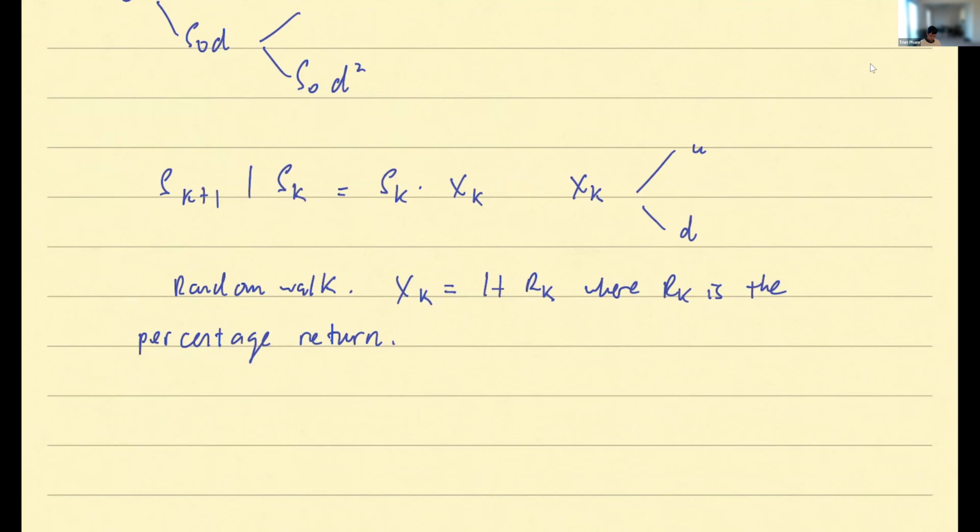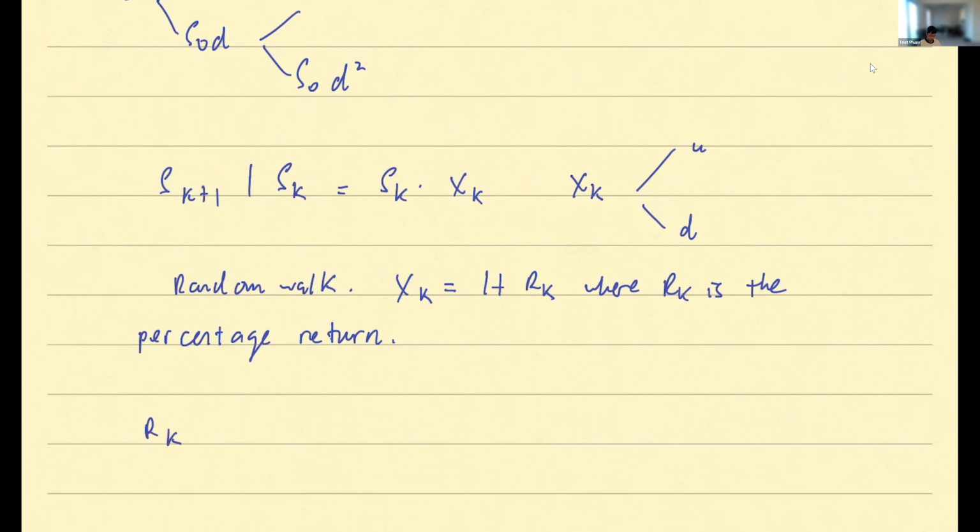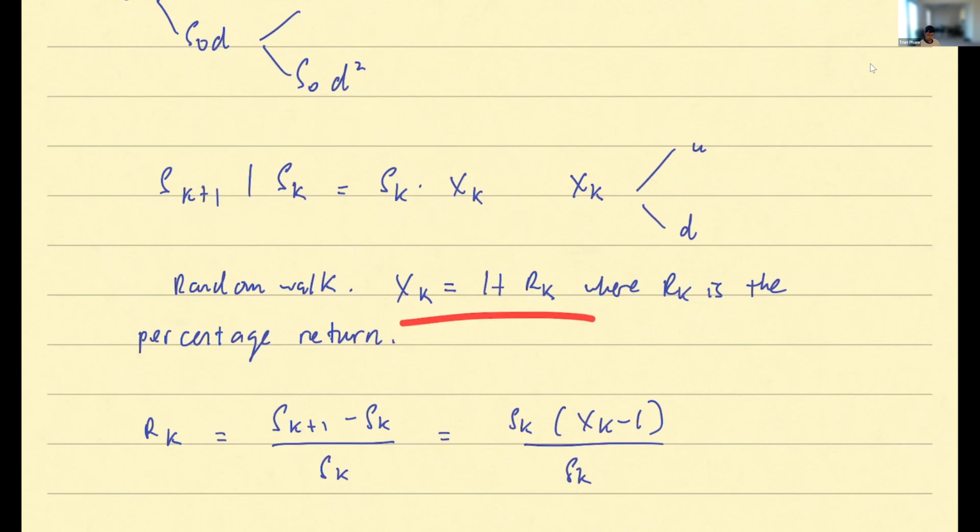So the definition of a percentage return over a period is the change in the stock divided by the initial price. Okay. And then, of course, you plug in this, you got Sk times Xk minus 1, divided by Sk. And of course, that's just exactly what we need. So it equals Xk minus 1.